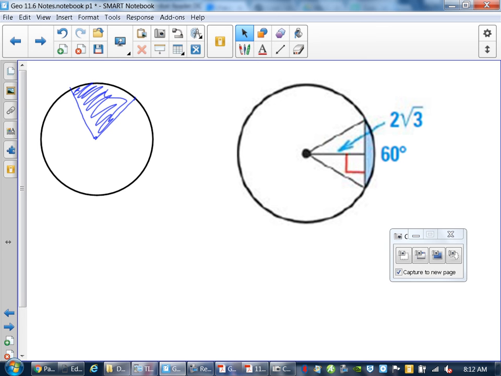It's a sector. But what was cut out of it? A triangle. It was a sector that a triangle was cut out of, and it left you with just that.